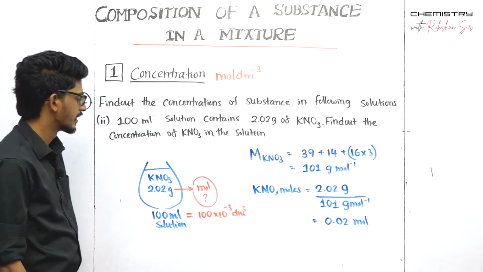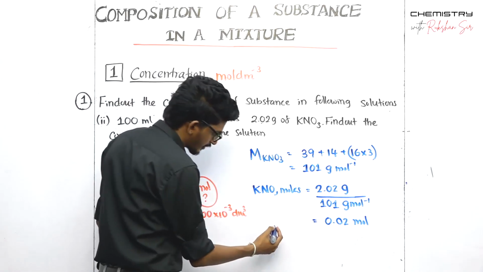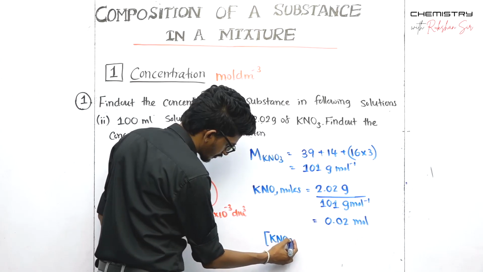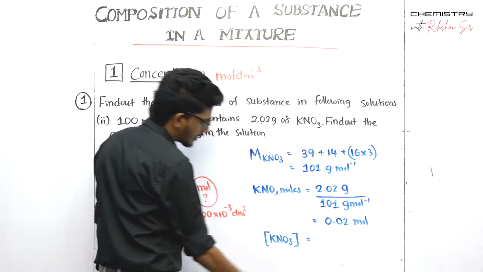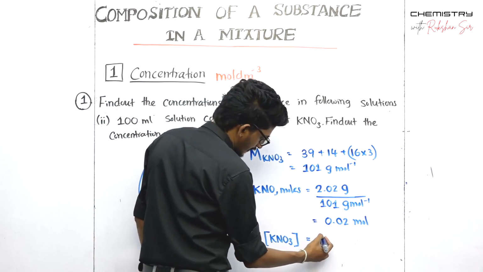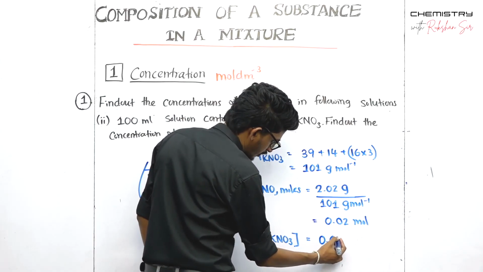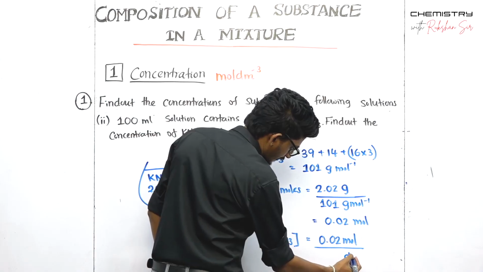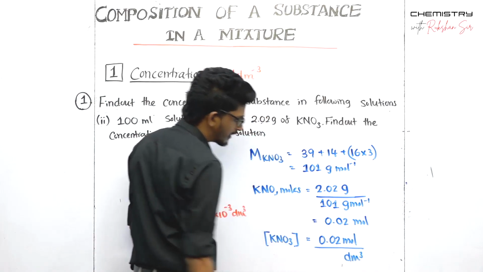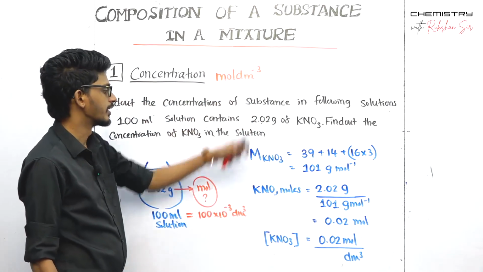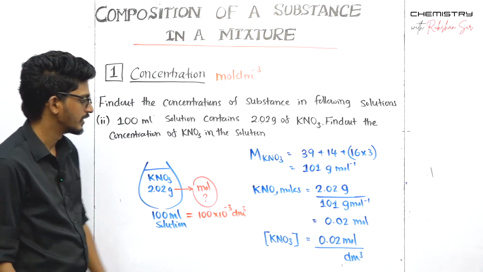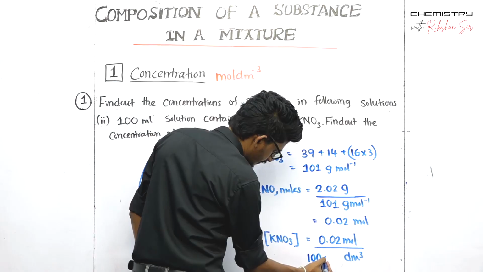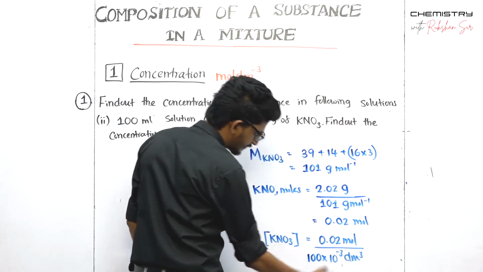Then we can simply come up with the concentration of KNO3. The concentration is equal to 0.02 moles divided by the dm3 value to give mol dm⁻³. That's the concentration. The dm3 value is 100 into 10 to the power minus 3.